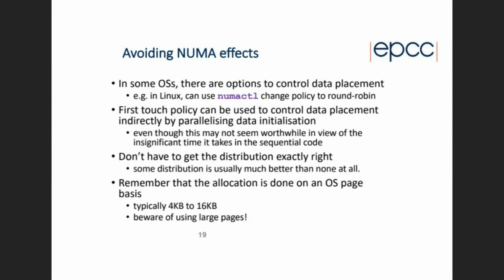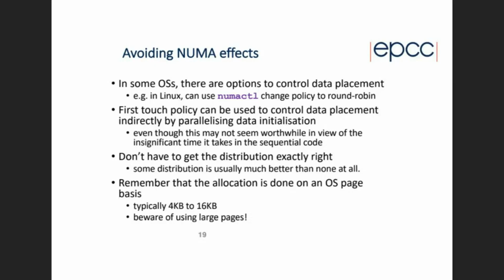So if you initialized your multi-dimensional array one column at a time in parallel, that wouldn't work. For example, it wouldn't have the desired effect, because probably each individual column fits inside a page, and that page can't get split up.